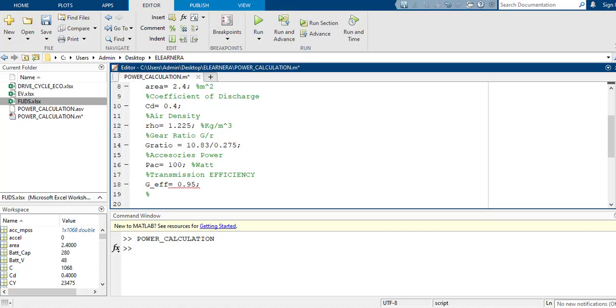Then we are considering a motor efficiency, that is equal to 0.80. Have to save this value.